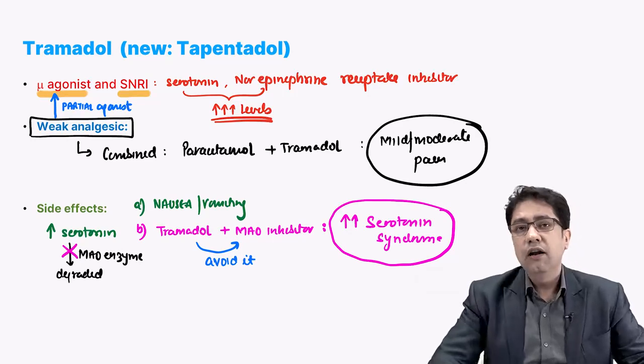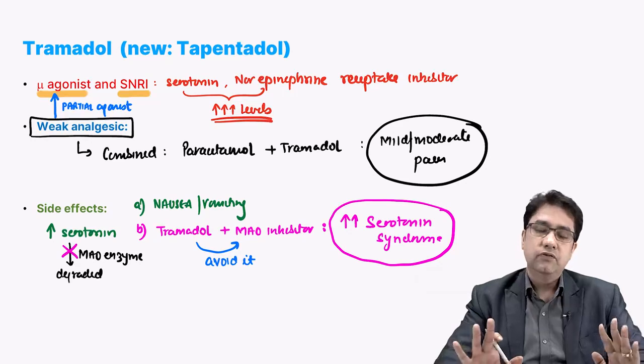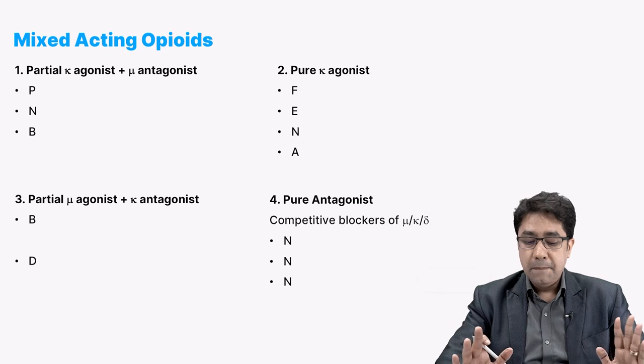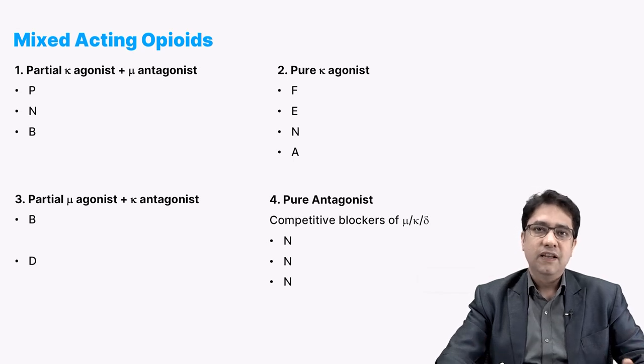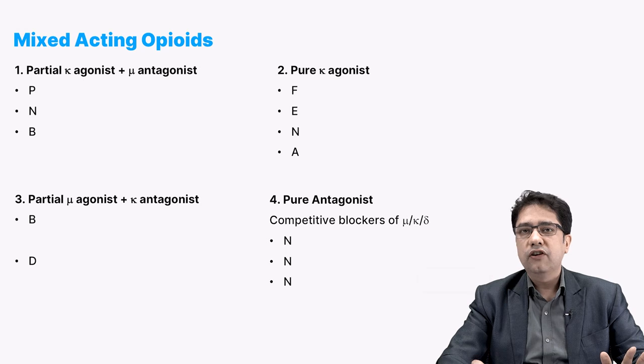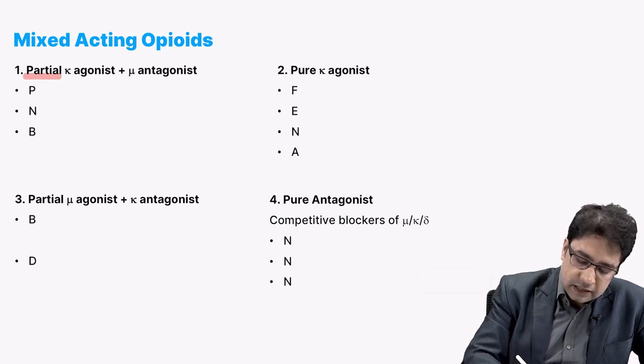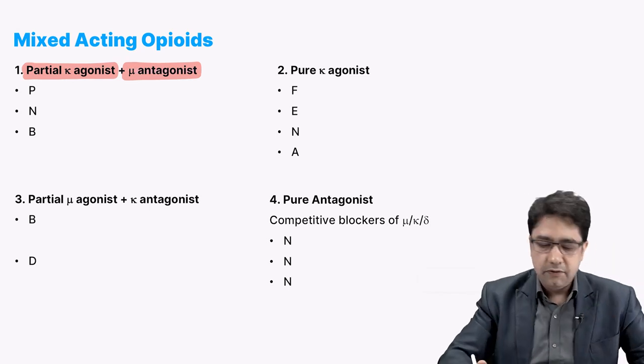So this is all about the opioids which act on the mu receptor. Let's talk about mixed acting opioids. Mixed acting opioids will act on other receptors also, like kappa and delta receptors. So the first class of drugs is partial kappa agonist with mu antagonist. Our first goal is to remember the names of the drugs.